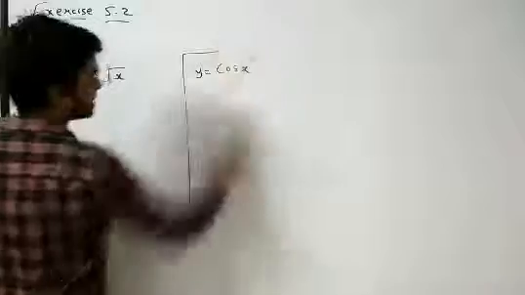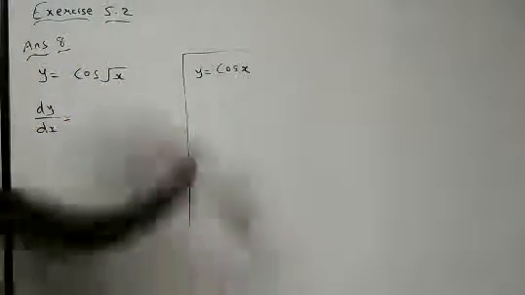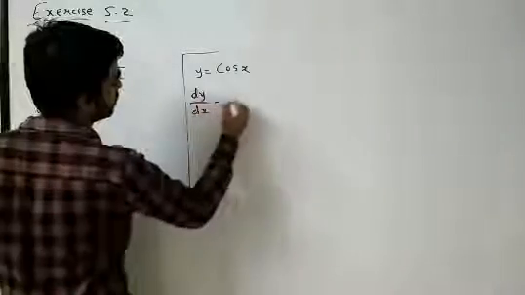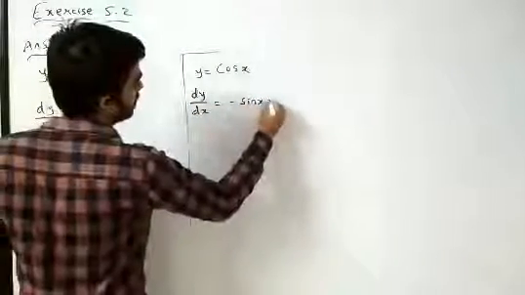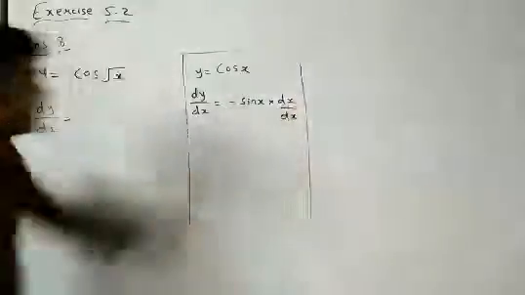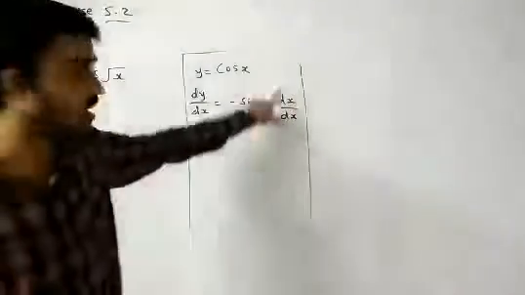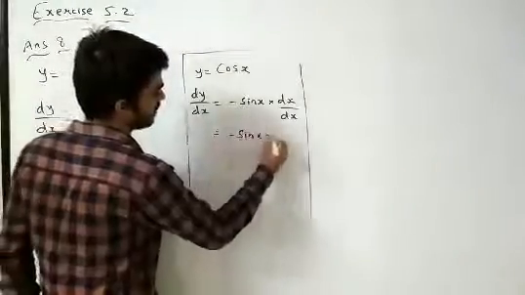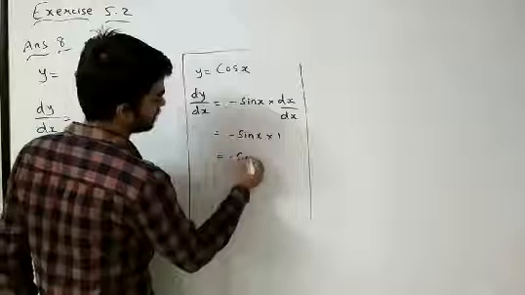This is extra I am writing, but we will relate. If y is equal to cos x, then dy by dx is equal to minus sin x multiplied with dx by dx. It is actually there only, right? In the answer there is dx by dx, but it cancels and becomes 1, therefore minus sin x into 1, so minus sin x is your answer.